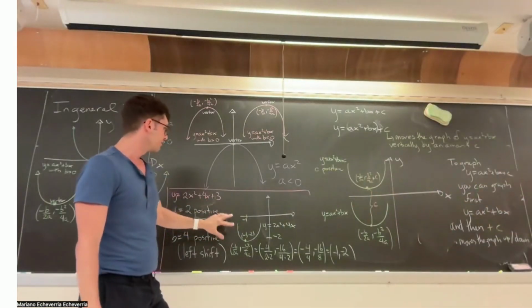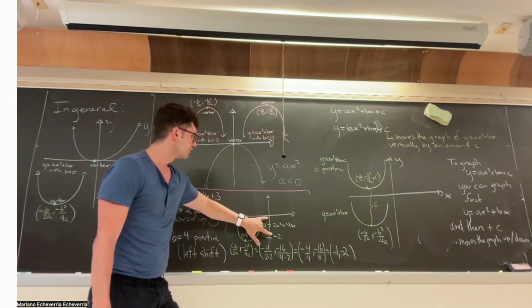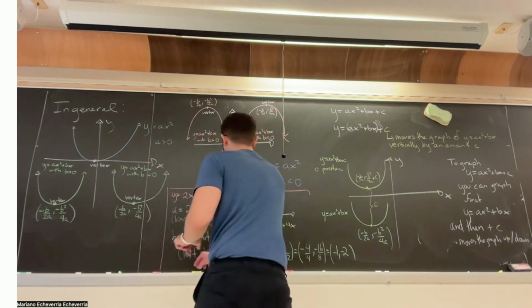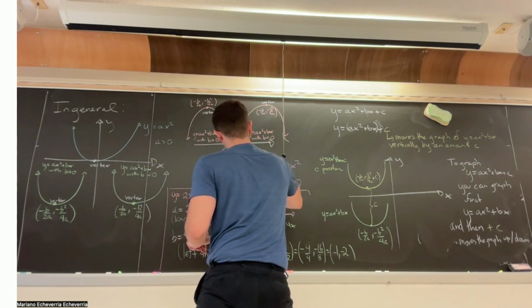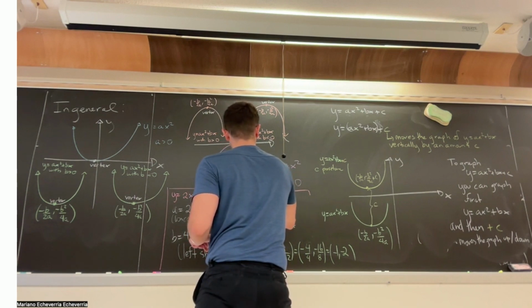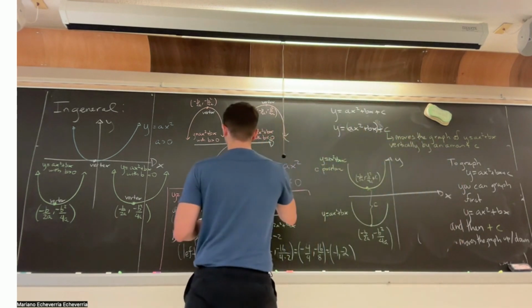When I add 3 units, I'm already at negative 2 here, so I'll use 2 units to get to 0, and then I get another unit here, so there's a 1. And this is the full graph that I want.